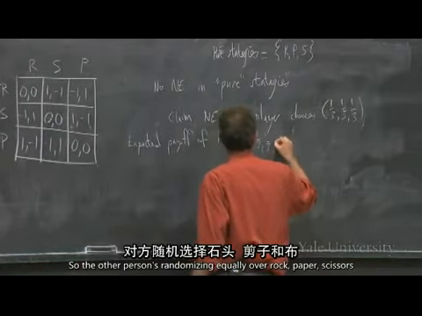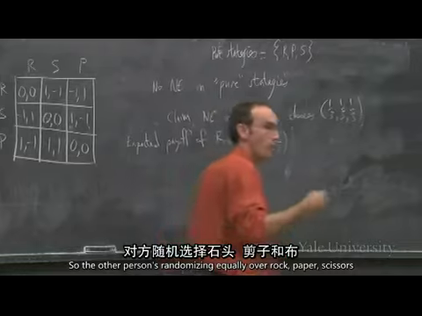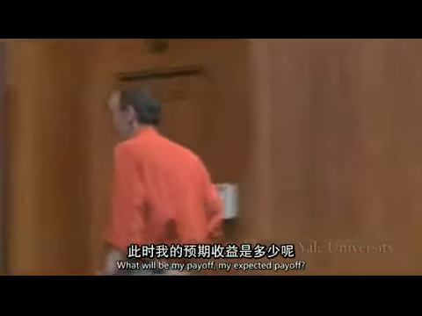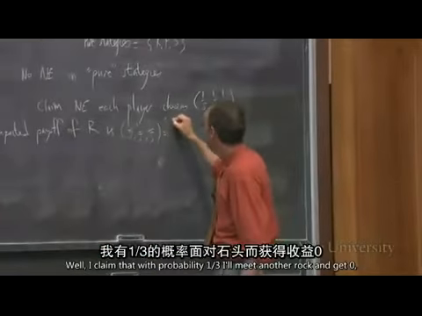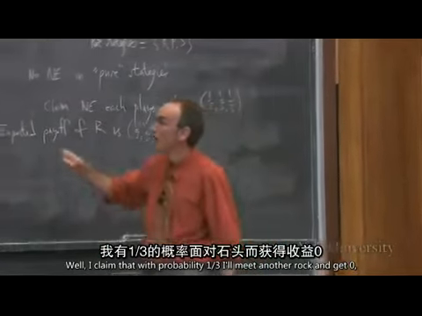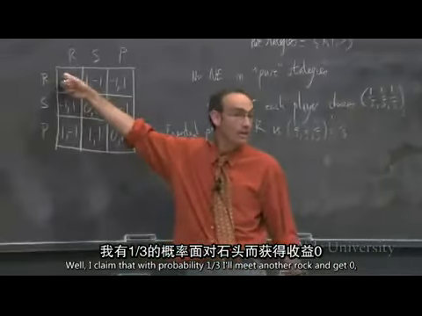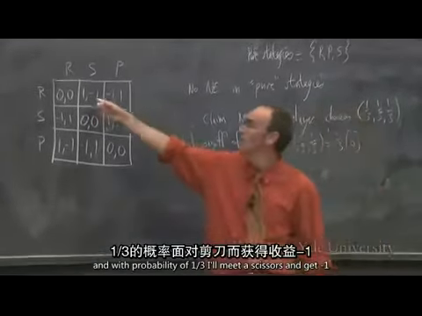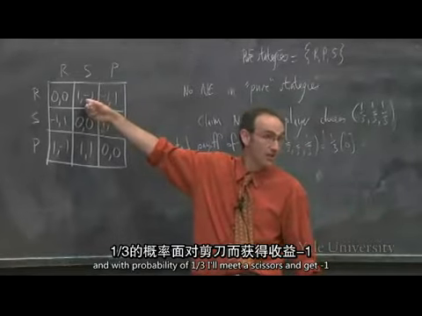The other person's randomizing equally over rock, paper, scissors, and I'm going to choose rock. What would be my expected payoff? Well, I claim that with probability a third, I'll meet another rock and get 0. And with probability a third, I'll meet a scissors and get -1.